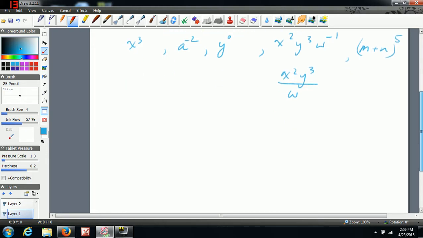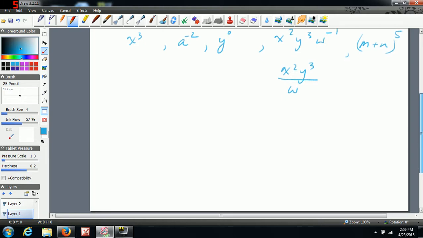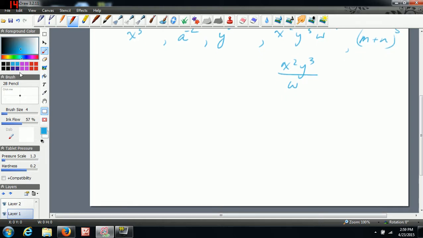Let's start off with a simple example. Let's say you're multiplying. You already know that a to the power of n means a multiplied by itself n times, right? So if you have, say, x squared times x cubed, when you have the same base and you're multiplying, all you have to do is add the exponents.